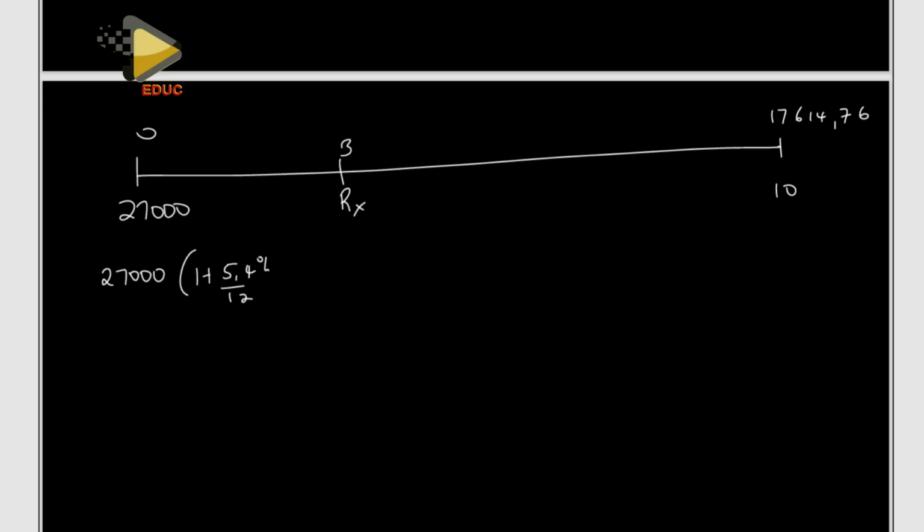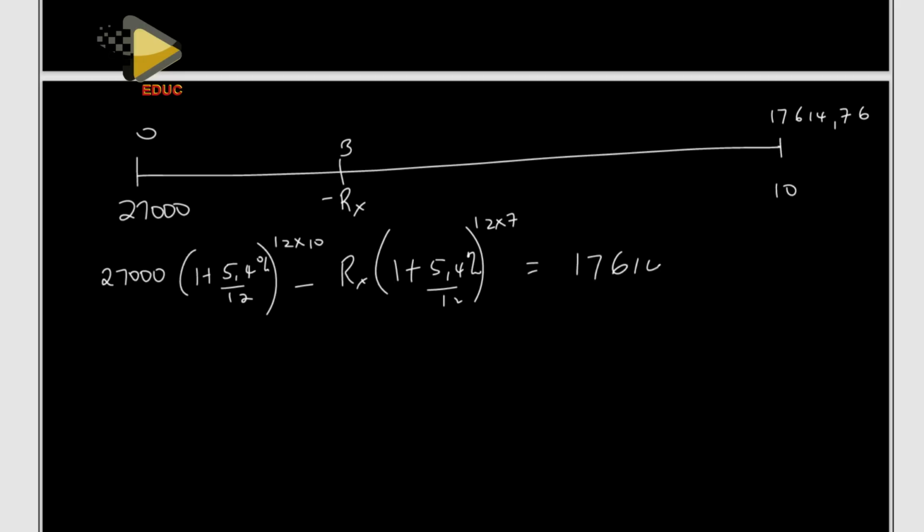So 12 to the exponent, I'm going to say 12 times 10. Then since this was a withdrawal, I'll subtract x into 1 plus 5.4% over 12, the exponent is going to be 12 times 7. This must give us 17,614.76.